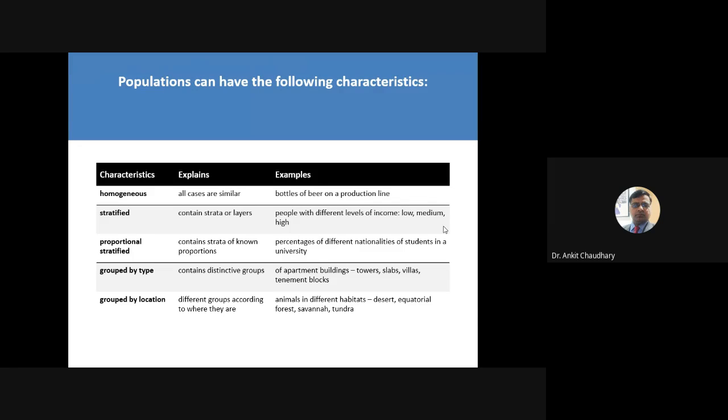A population may have similar opinions, may have different sections, and there are different types of constraints also. So if all are homogeneous, life is very easy.